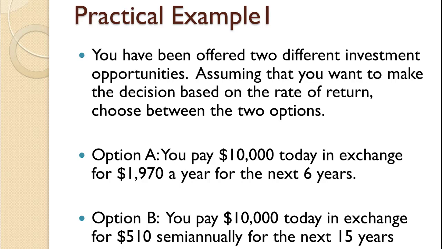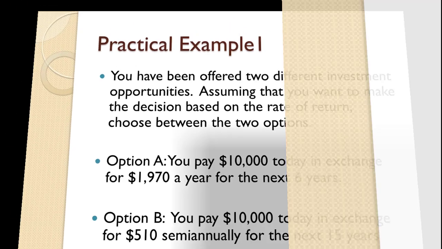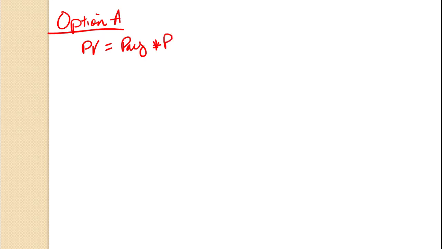And with that, I can set up my equations. So let's take a look at option A. And the equation, again, is that the present value is equal to the payments times the present value of annuity factor at n periods at a given percentage.